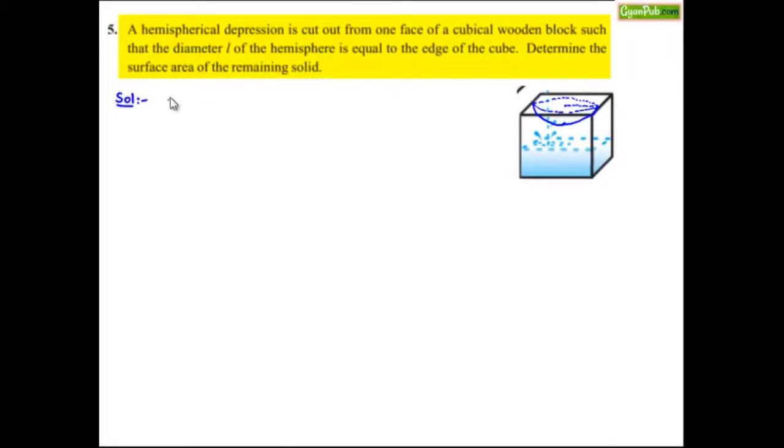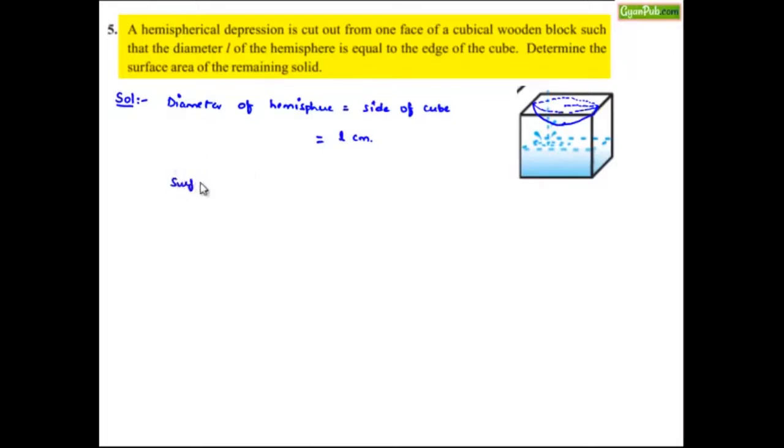Here the diameter of the hemisphere and the side of the cube are given the same, that is L centimeters, and he has asked us to find the surface area of the remaining solid.